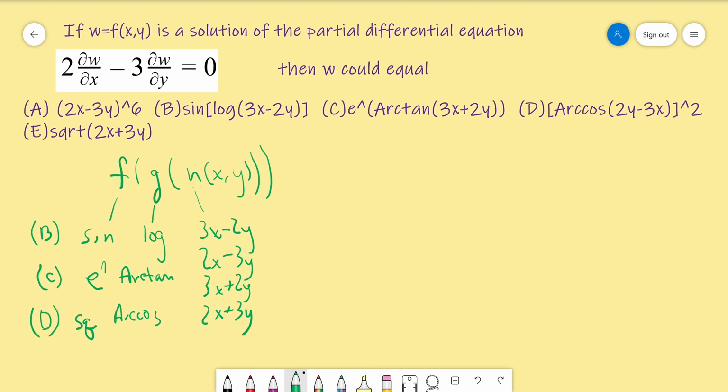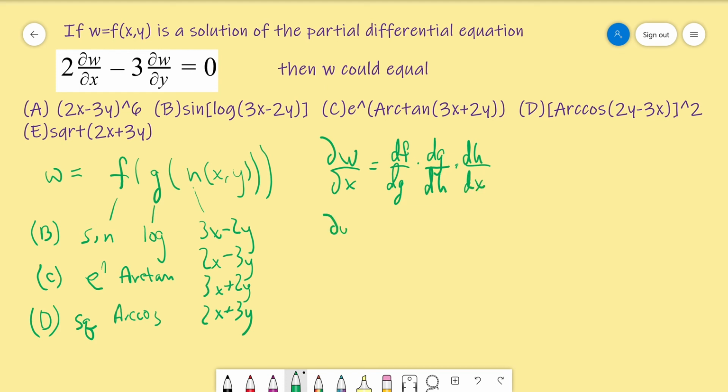Anyway, the point is that what you have to notice is that when you differentiate W with respect to x, you're going to get the derivative of f with respect to g times the derivative of g with respect to h times the derivative of h with respect to x.